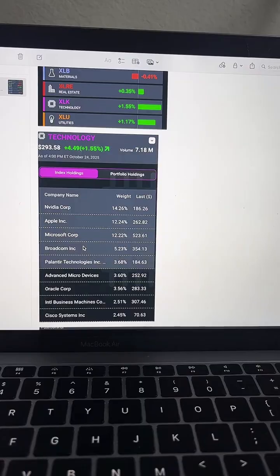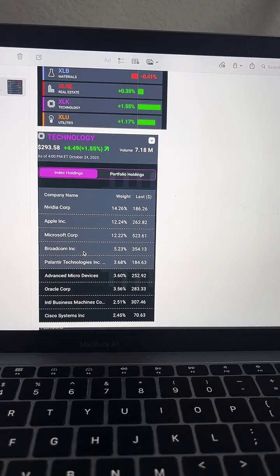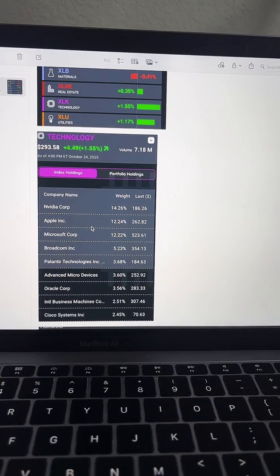I trade those the most out of tech. I do trade the other ones, but those are my go-tos. So you want to limit it to one or two that you get really familiar with and study those stocks, so that you know, okay, tech is booming, I'm going to Palantir. Okay, tech is booming, I'm going to Apple.